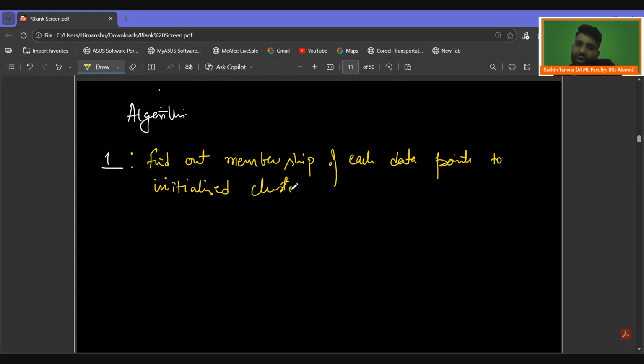That means, let's suppose I am talking about 2 clusters. I will look at which data point would belong to which cluster.